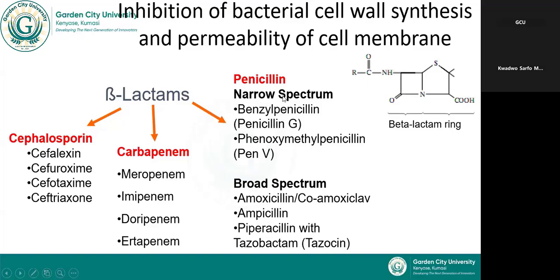So penicillin, we have the narrow spectrum type and then the broad spectrum penicillins. Usually if the clinician is starting treatment and the confirmation is not yet ready, they may start with the broad spectrum, and then once the organism is identified and the test is ready, they may switch to the actual antibiotic to use.